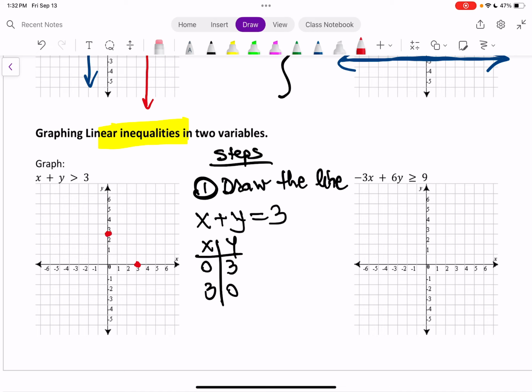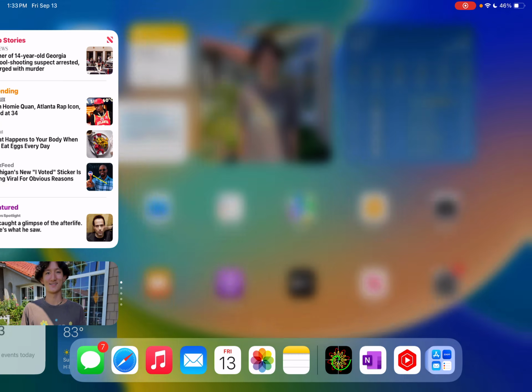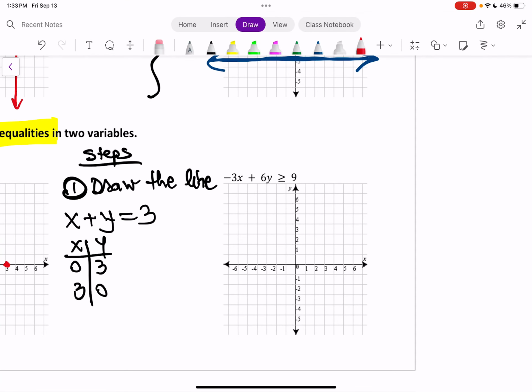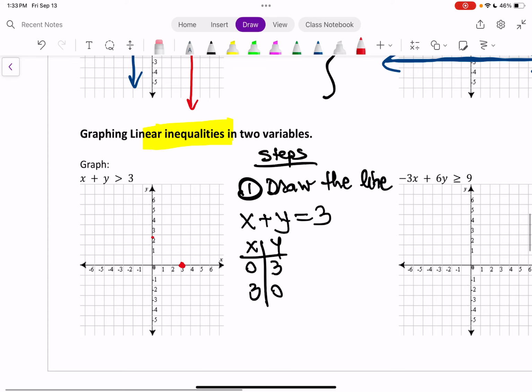Okay. So this boundary line is the solution to the equation. So it's the same as what we did earlier with graphing the solution to the equation on the number line.